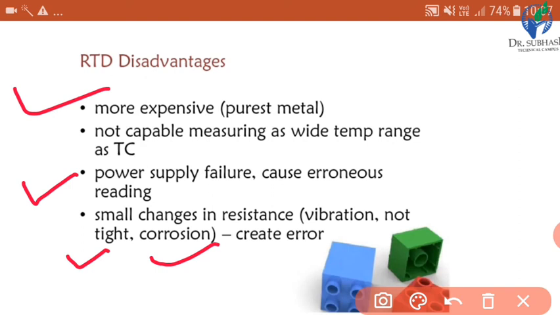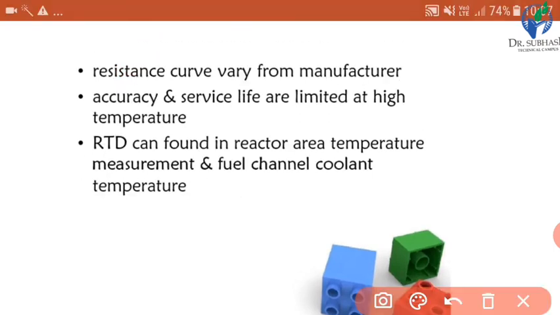Another disadvantage is that the resistance curve varies from manufacturer to manufacturer. If the manufacturer is changed, the resistance curve also changes. So it is a problem because if we are using a different manufacturer, there will be a different profile, so we have to calibrate.